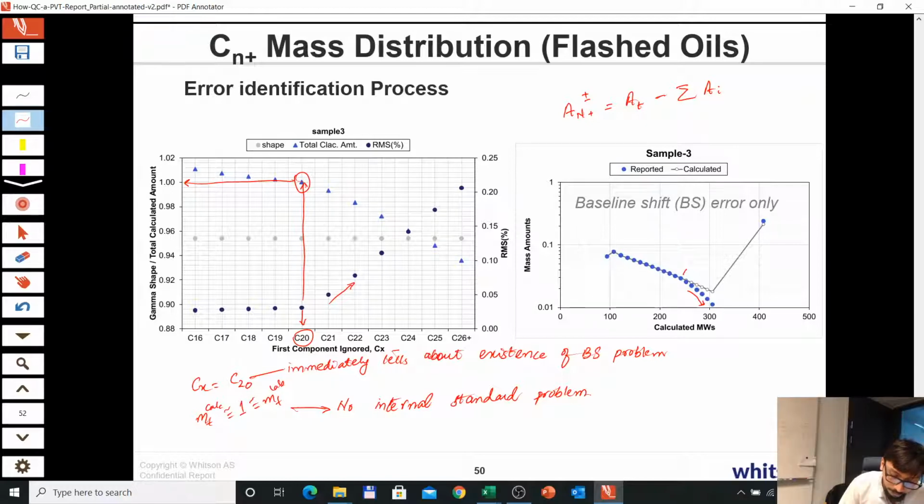Okay, and we can break this into two sums, so from 1 to x minus 1 and also starting from x to n minus 1. Here this uncertainty is coming from these numbers, which are due to the baseline shift. So this total mass or total area is accurate, and these are also accurately predicted by the gamma model, but due to these errors here, you have a mismatch in the heaviest fraction.